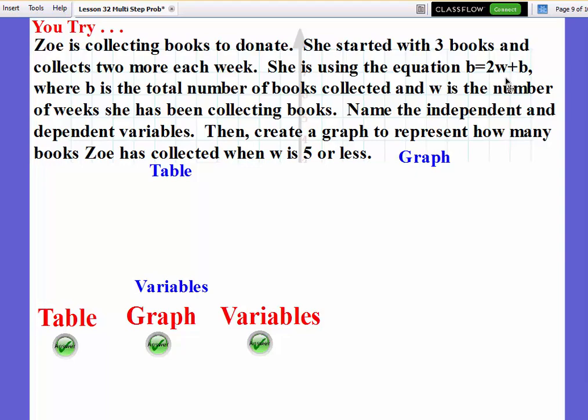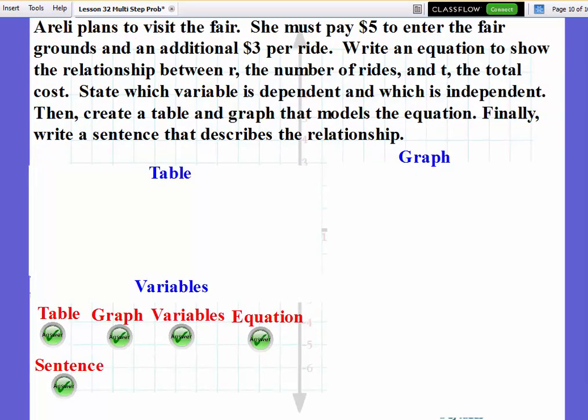Then create a graph to represent how many books Zoe has collected when W is 5 or less. So this is going to be a problem I want you to think about. There's going to be about 30 seconds between each, and then the next problem on this page you're actually going to solve on a scratch piece of paper and turn into the turn-in box.